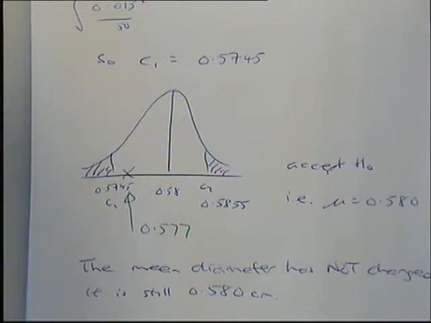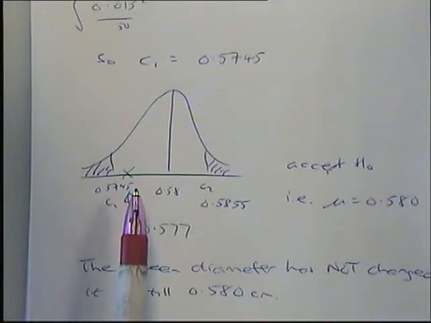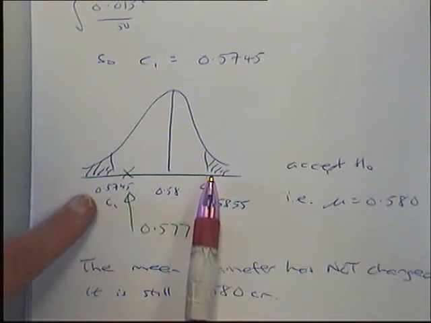Okay. So for this one, what will happen in this test 1 time out of 100? What will happen to our conclusion 1 time out of 100? Yeah, well, 1 time out of 100, even if it hasn't changed, we would get an answer in the tails.